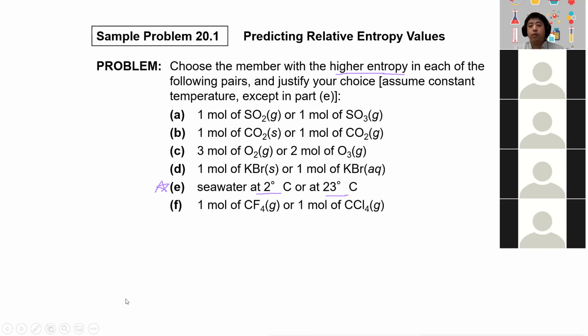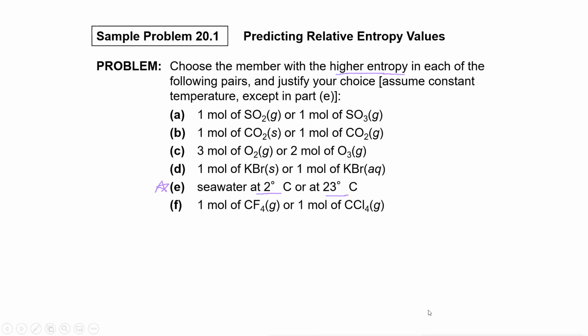And then you're either going to write left side or right side, depending on the letter with higher entropy. Again, we're not just trying to answer letter E here. Do it for all of these here, and then we'll go through it together.